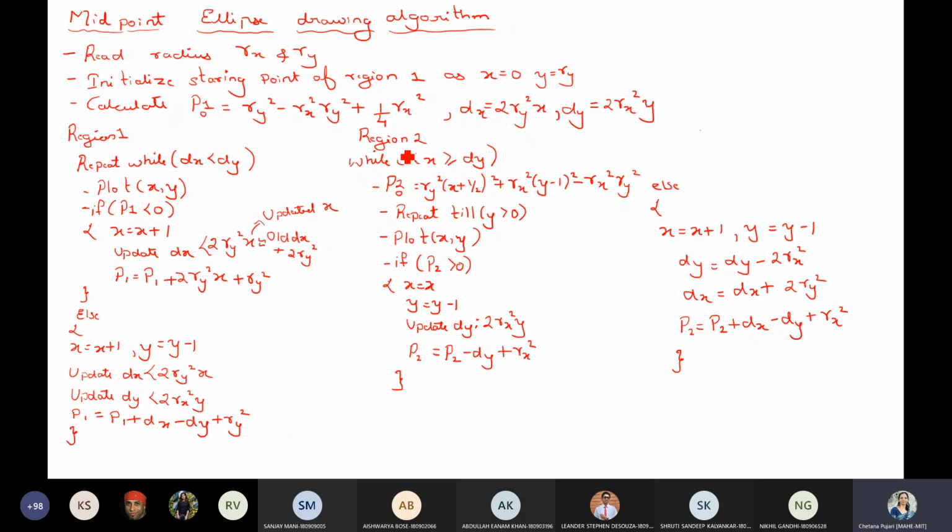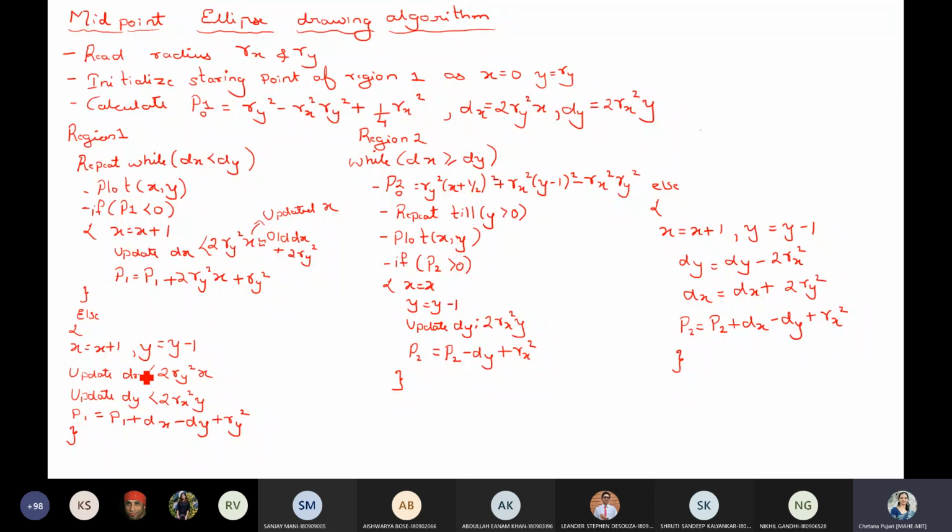So next, for region 2, what is the condition? Here the condition is dx is less than dy. For region 2, the condition is dx is greater than or equal to dy. So once you get this, you are going to consider the initial decision parameter. So P2 naught, initial decision parameter, will be equal to, so in this you have to substitute x and y value.